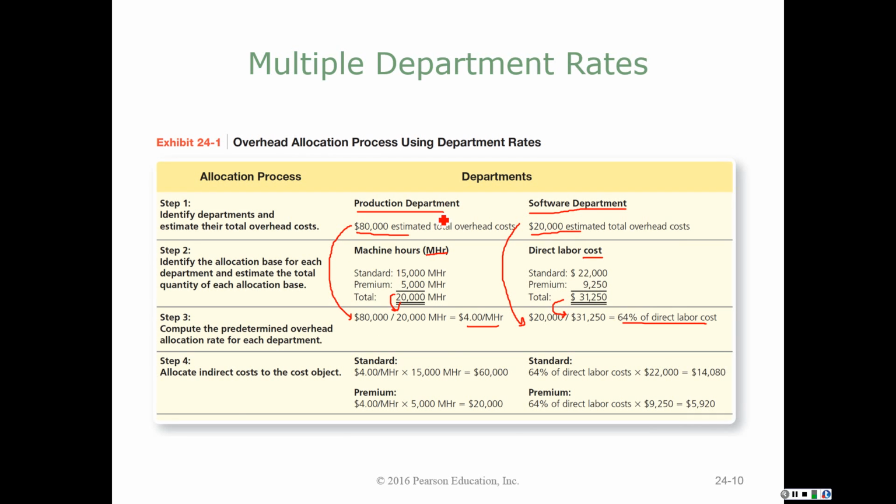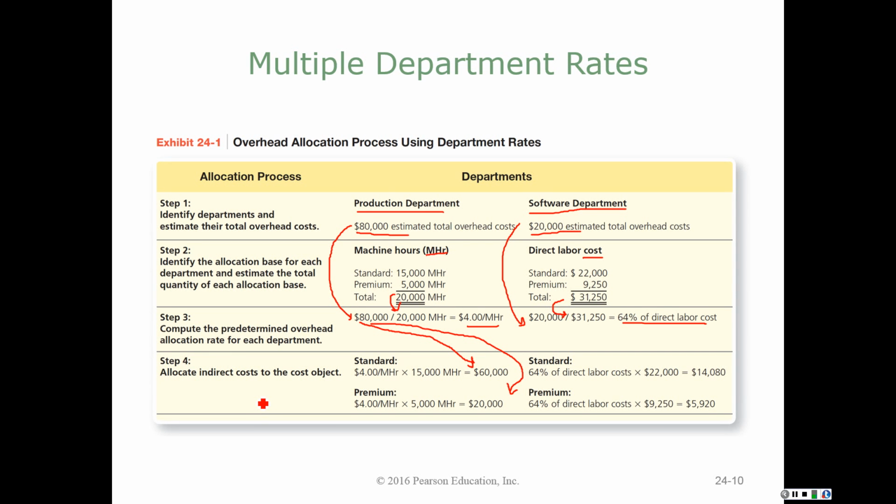So in the production department, if we run 15,000 machine hours on our standard tablets, 15,000 at $4 a machine hour means that I have 60,000 out of my 80,000, 60,000 of that is going to my standard tablets, and out of that 80,000, 20,000 is going to my premium tablets. So do you see how much more information we have now?